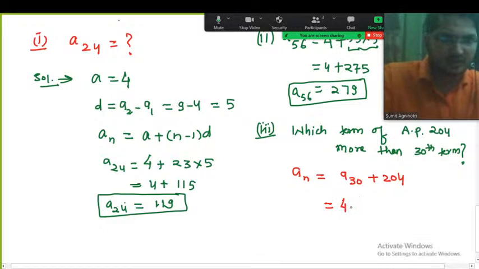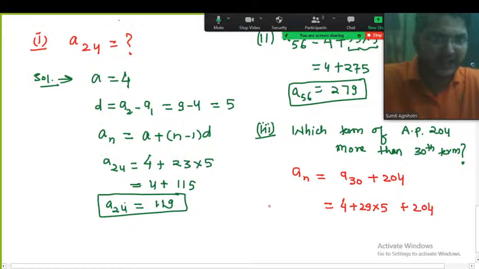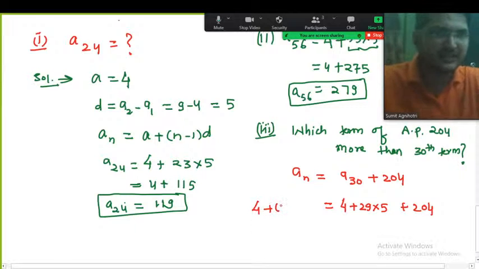Right now a is 4, 29 is there, and we have to multiply it with 5, that is our common difference. We have to add 204, and here we need to find n, so we apply the formula: 4 plus (n minus 1) times d, and d is actually 5.